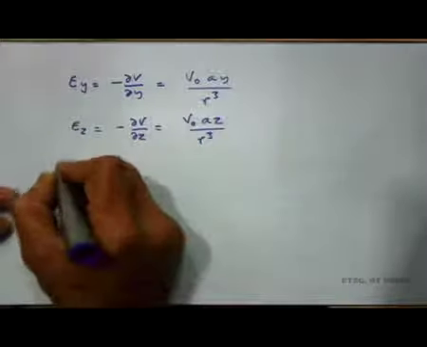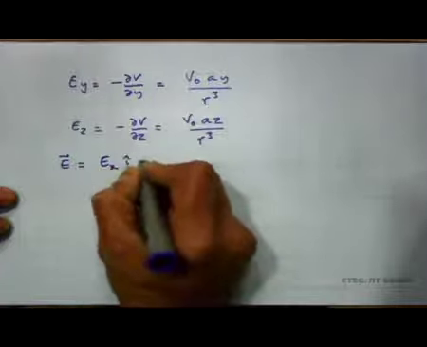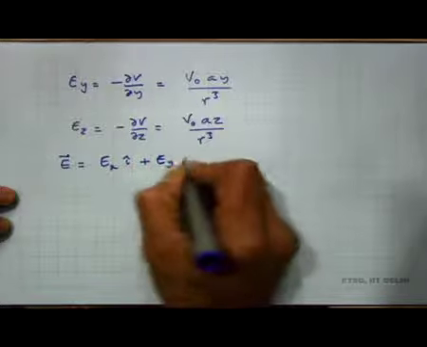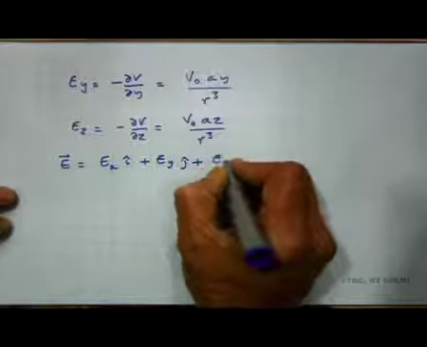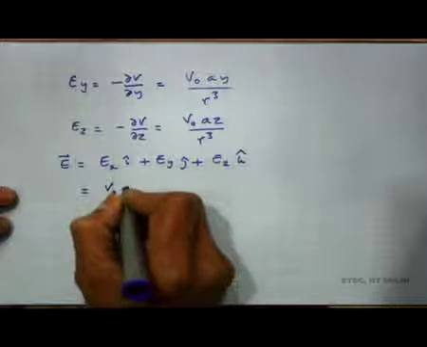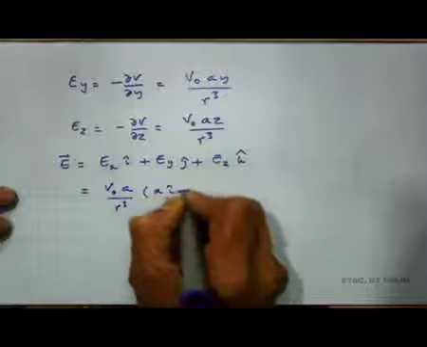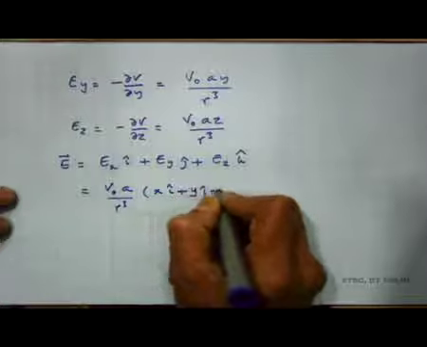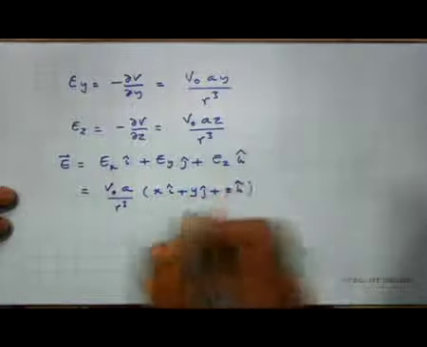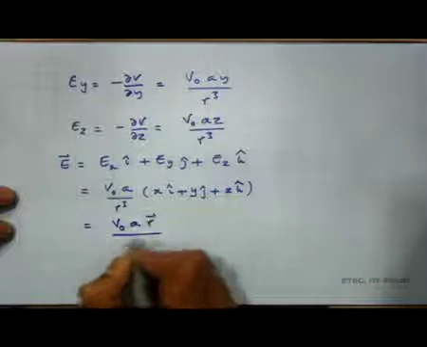So, I can write the total electric field E is equal to E x i cap plus E y j cap plus E z k cap, which is equal to V naught a by r cube into x i cap plus y j cap plus z k cap, which is nothing but V naught a r vector by r cube.